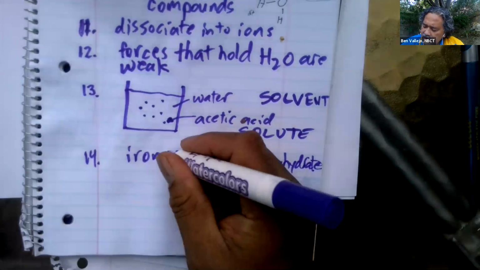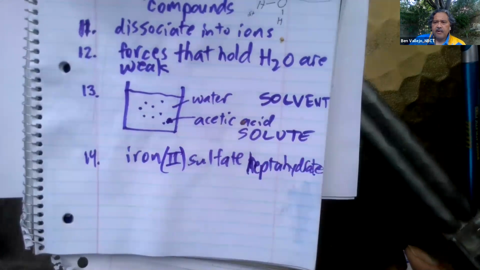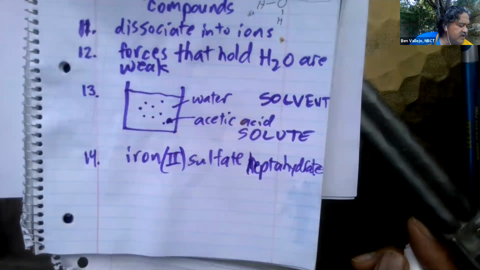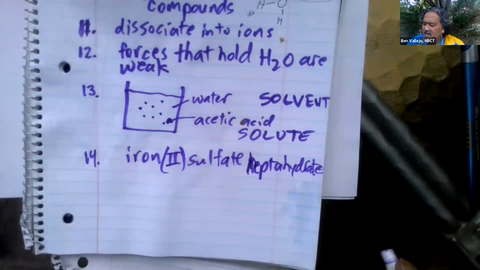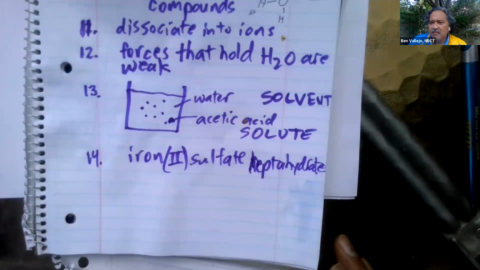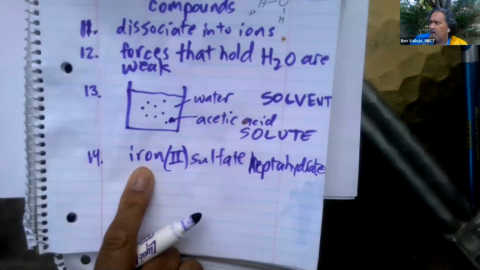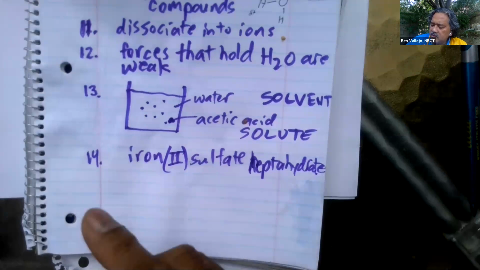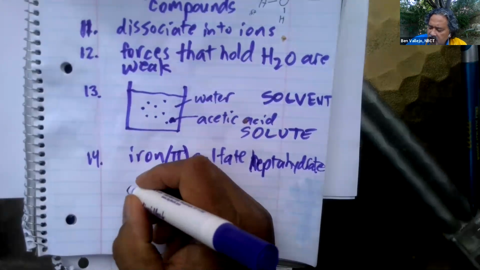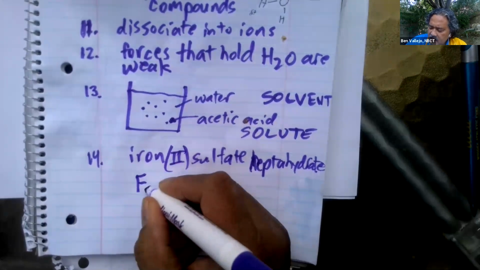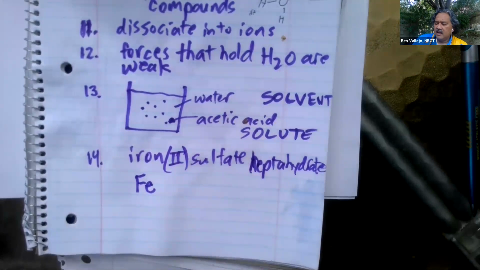So let's do that before we take a look at the problem. I know it tells you what it is in parentheses, but you should still be able to figure this out. Like iron, you probably know from our atomic zoo assignment first semester is Fe, right?